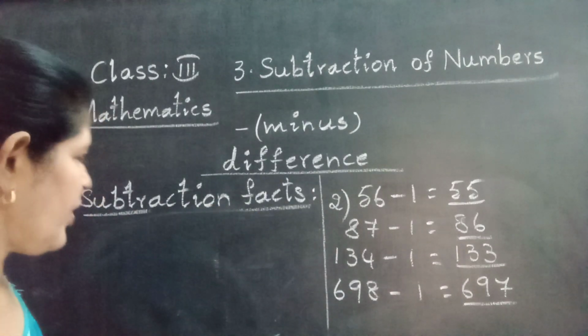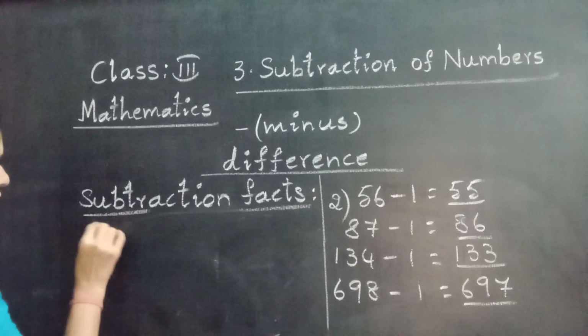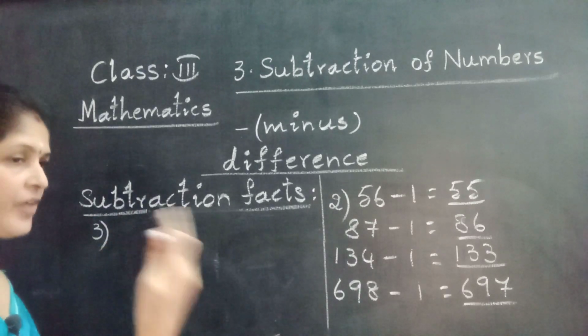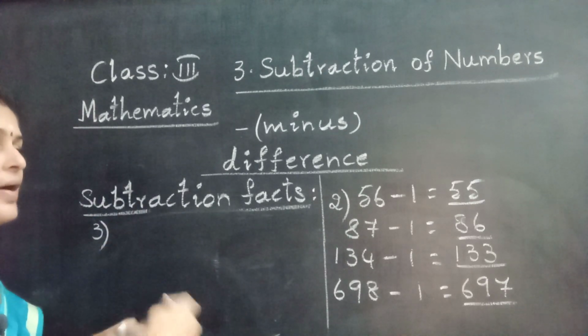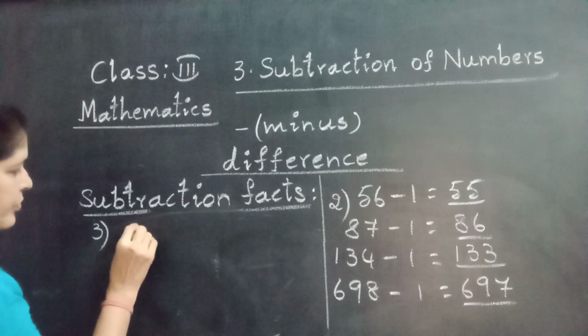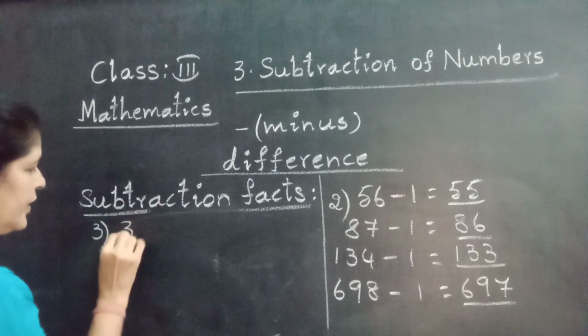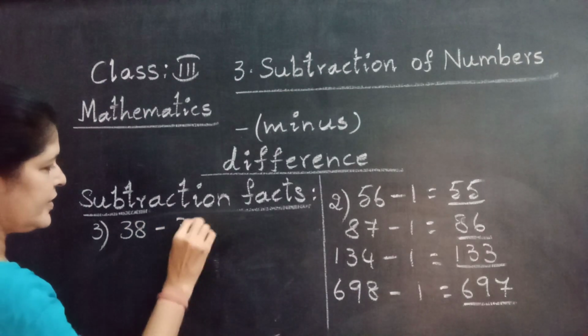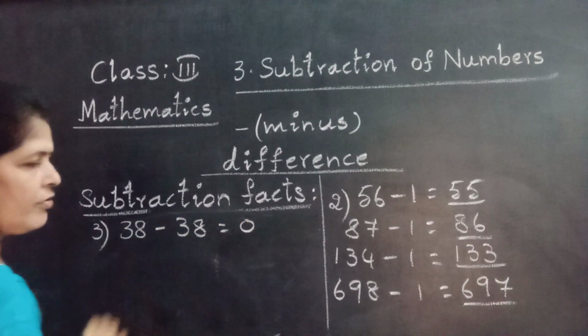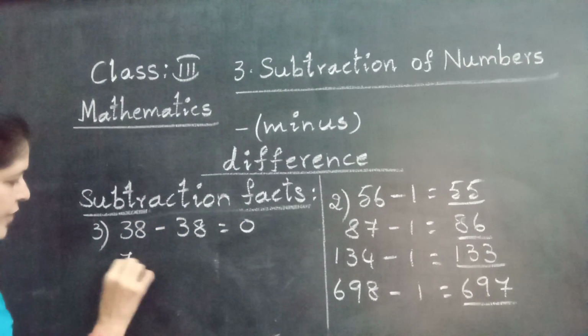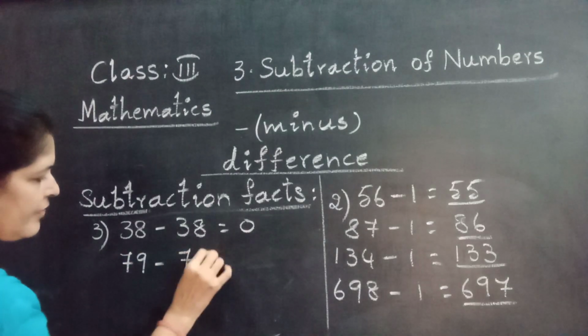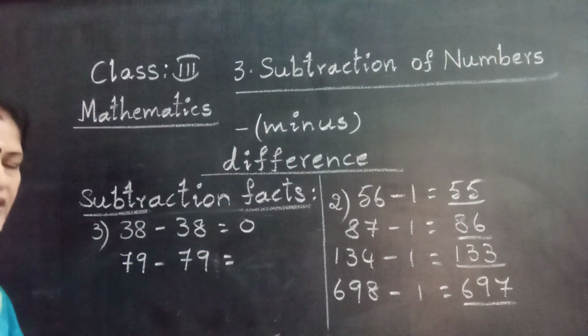A number subtracted from itself. That means a number minus the same number. Ready? 38 minus 38, 0. 79 minus 79. What is the difference?